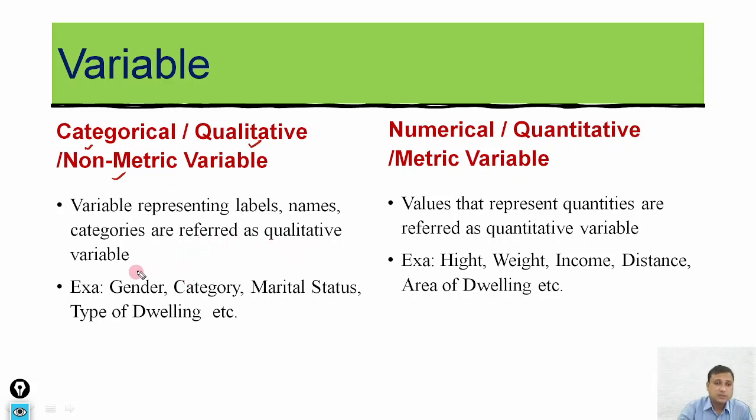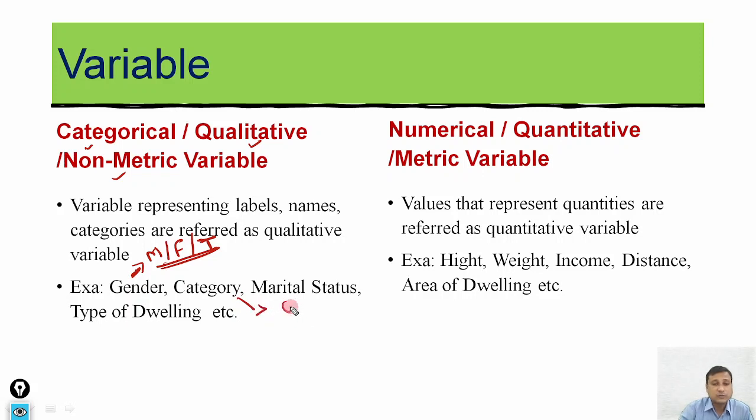Fine. Suppose gender is one variable, then we'll have only three responses. Either someone will say that he is male, someone will say that she is female, and someone will say that person is a transgender. So there are only three categories in gender. The story is the same with category.